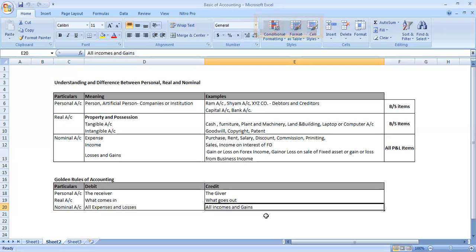In the next video I'll come up with the basic journal entries of accounting, which relate to the entire P&L, such as purchases, sales, expenses, assets, and liabilities of the entire balance sheet.